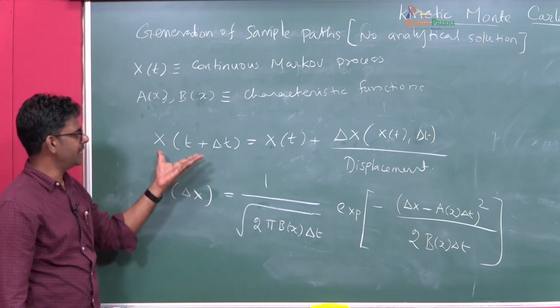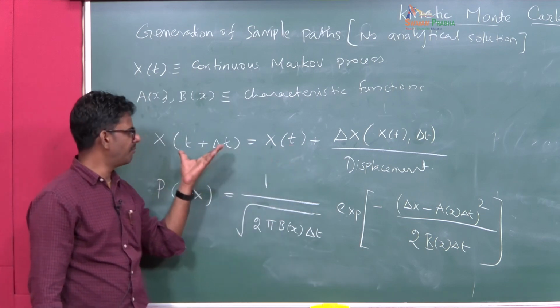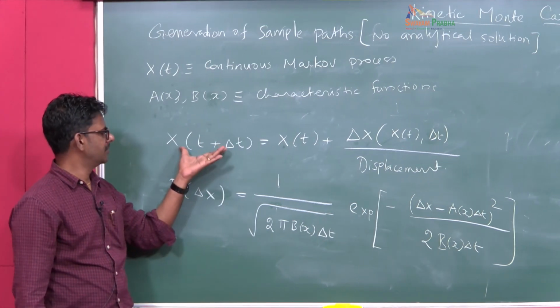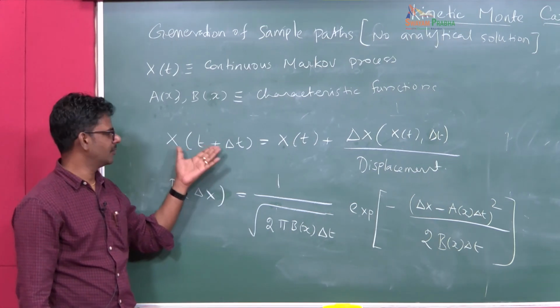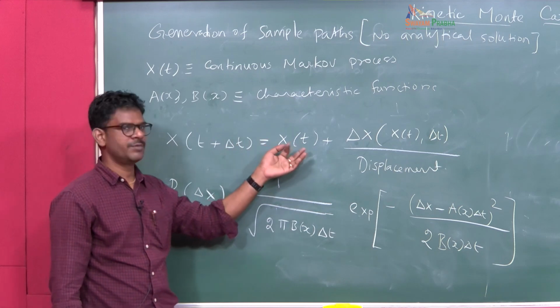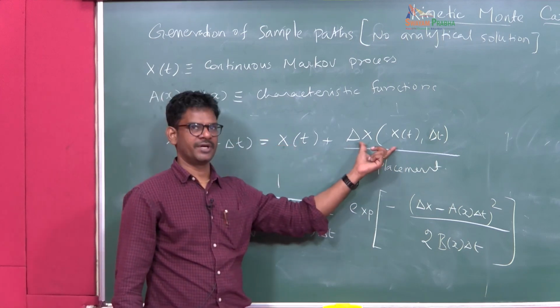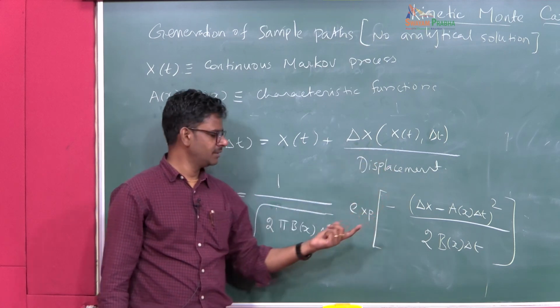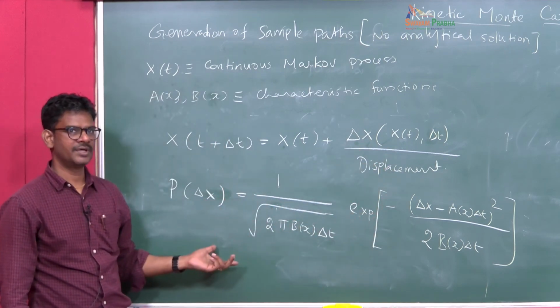But we are actually setting out an equation to update or numerically generate the random variable x over time t plus delta t using the information x of t with some displacement operator. This displacement operator basically is shown to be a Gaussian random number.